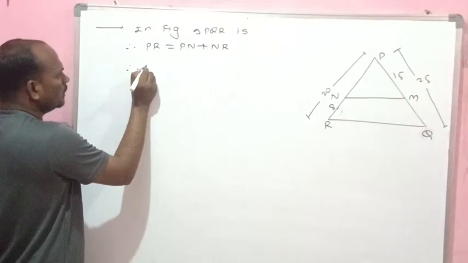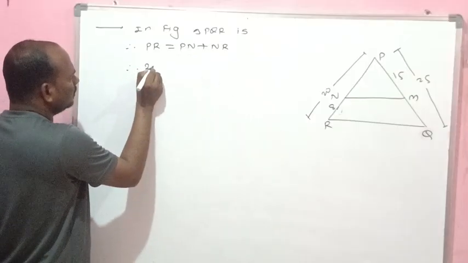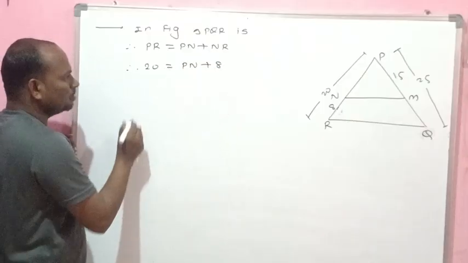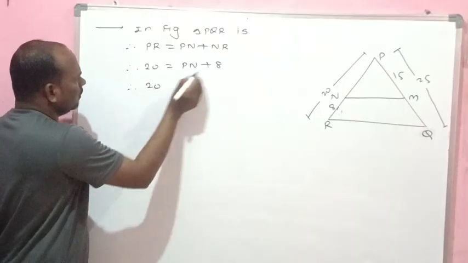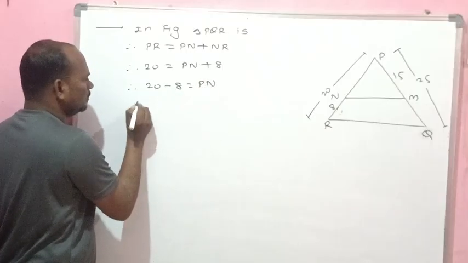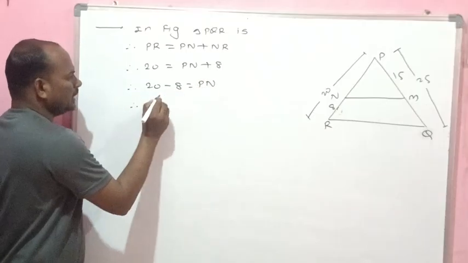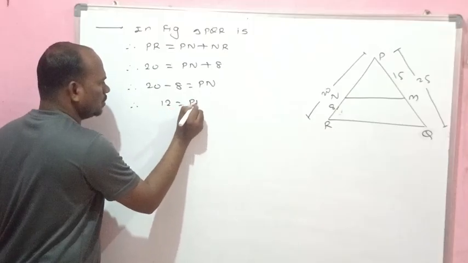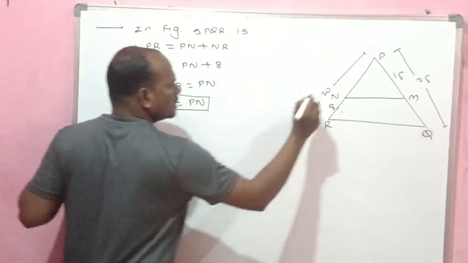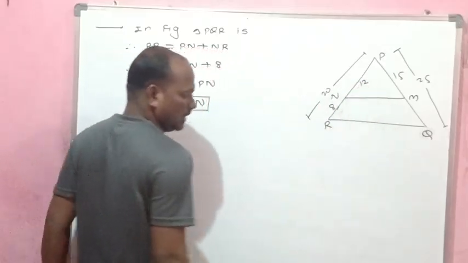Therefore, PR value 20 is equal to PN plus NR 8. Now 20 minus 8 is equal to PN. 20 minus 8 is equal to 12 is equal to PN. That is the value of PN is 12.